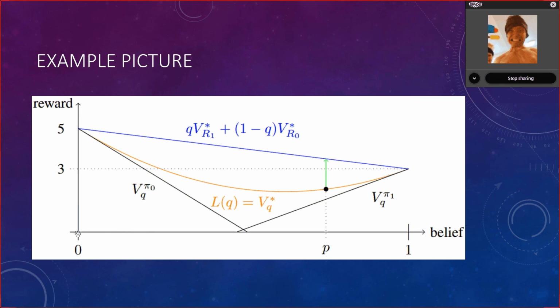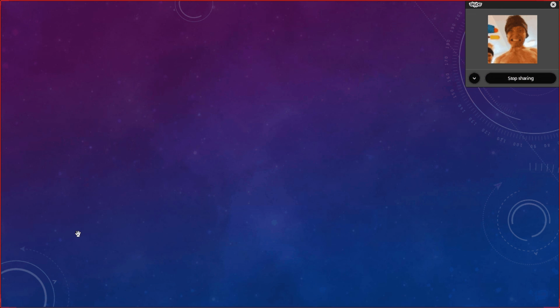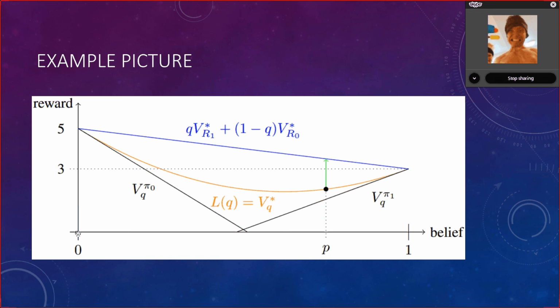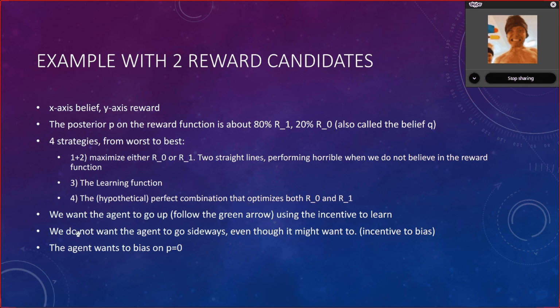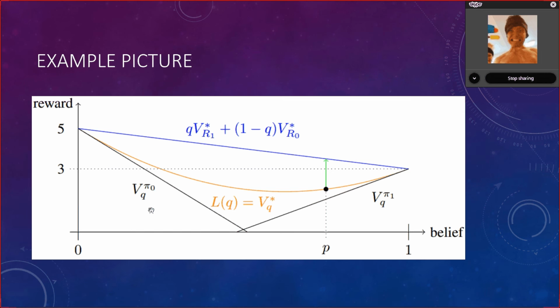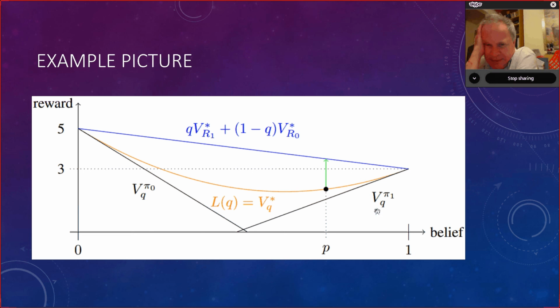Well, there are several lines on this diagram, and these lines can be thought of as different strategies according to how much value we get. If we start with the worst strategies, for instance, we might have the strategy to only focus on maximizing reward function 1.